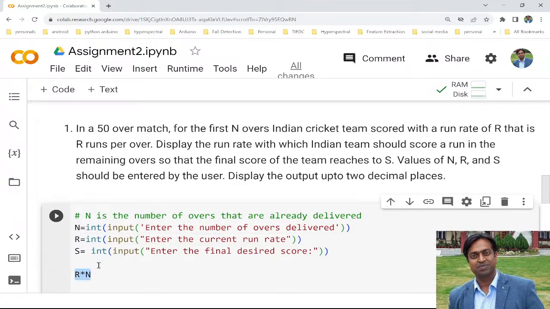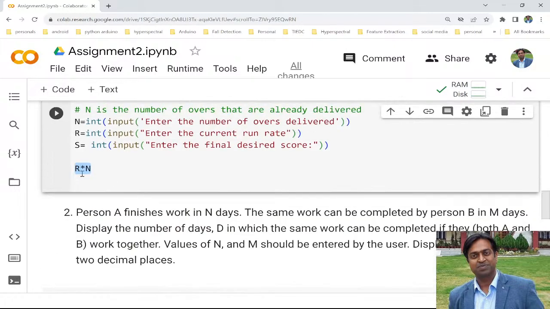R into n will give us the total runs that are scored in the first n overs. Okay, so it is the run rate, number of runs scored in first n overs, right?